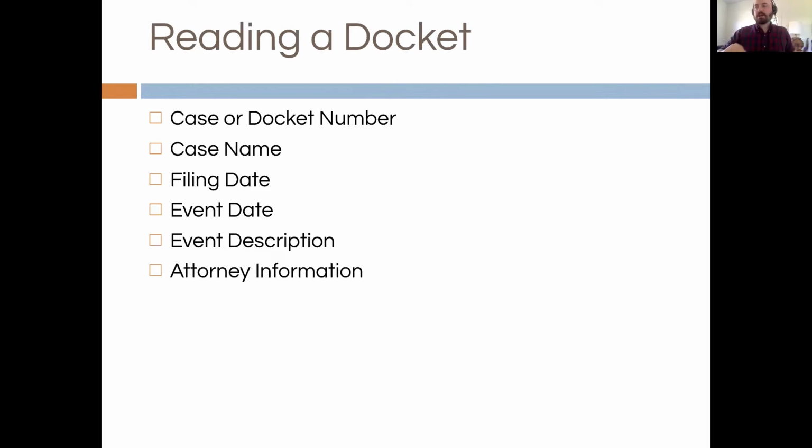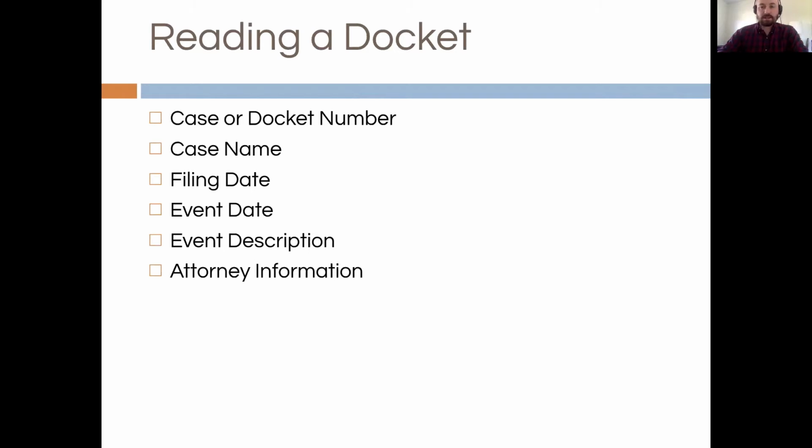Now, reading a docket, there's a few pieces of information you want to pay attention to. They're generally going to be the same across all jurisdictions. First is going to be the case or docket number, that sort of unique identifying piece of information. Then there will be the case name, of course. That'll identify who the parties are.